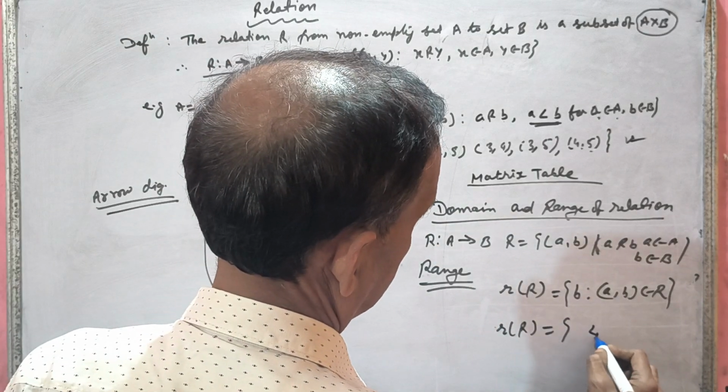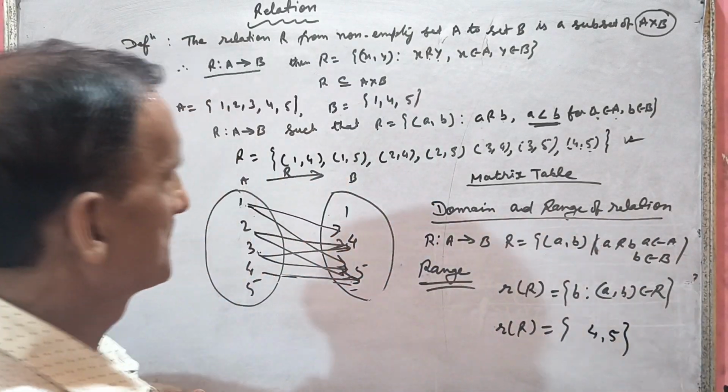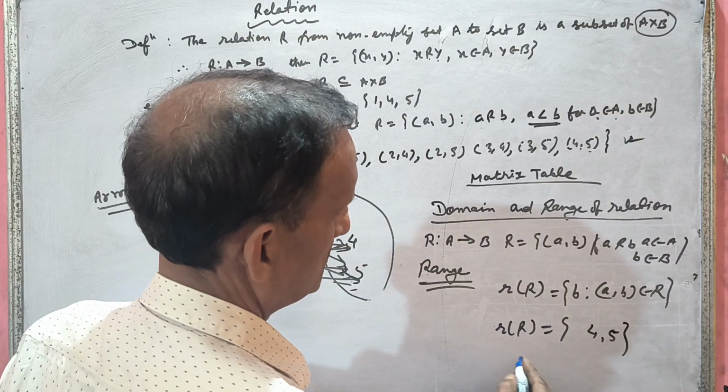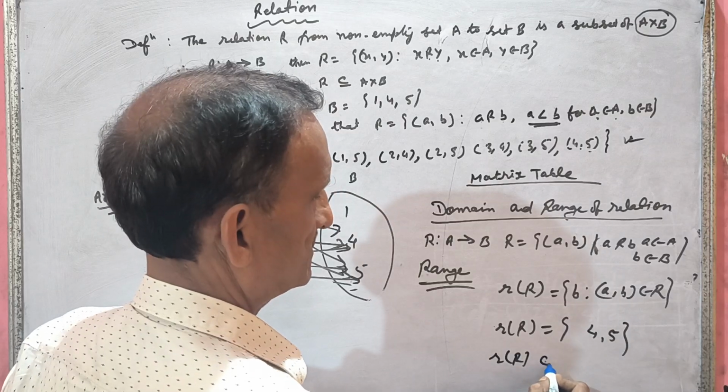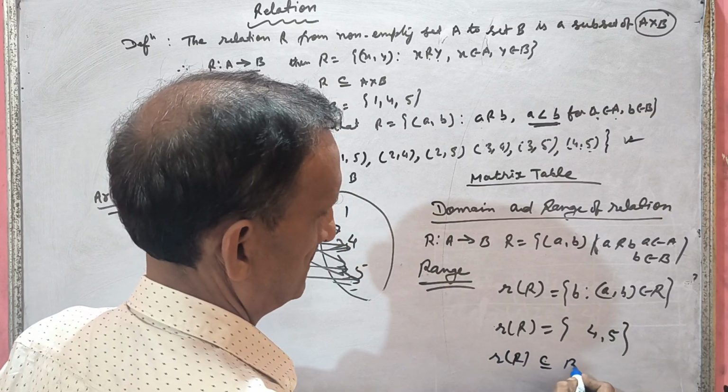So only 4, 5. So again, what you will say is that the range of R is a subset of the second set B.